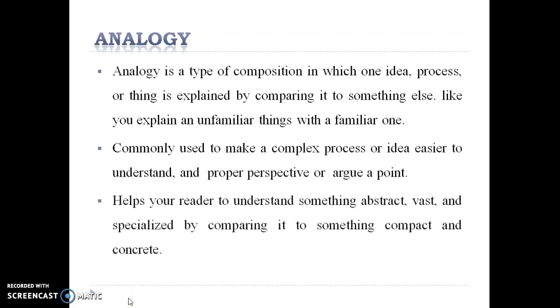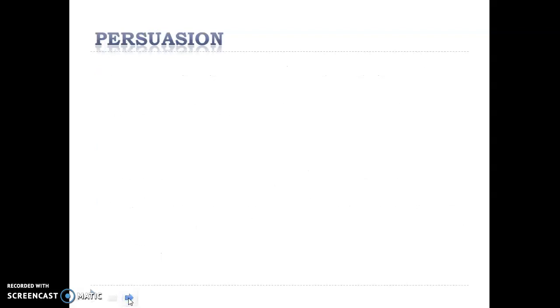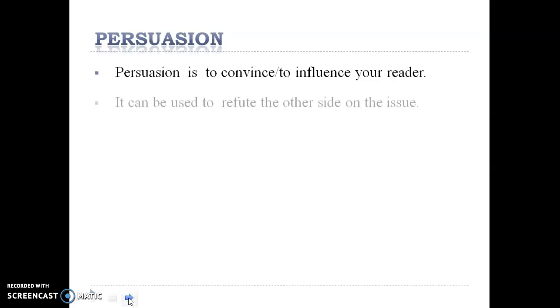Analogy helps your reader to understand something abstract, vast, and specialized by comparing it to something compact and concrete. Next technique is persuasion. Persuasion is to convince or influence your reader. It also can be used to refute the other side on an issue.